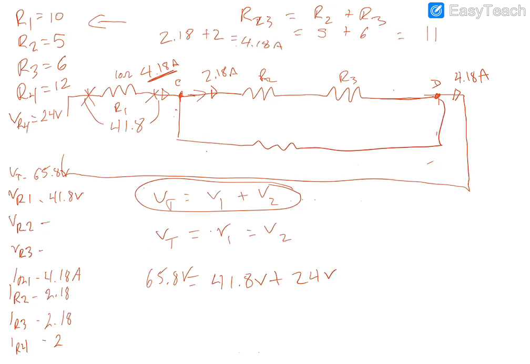The way that we would go about that is, once again, we know the resistive value of R2. So the voltage of R2 is equal to the resistance times the current.